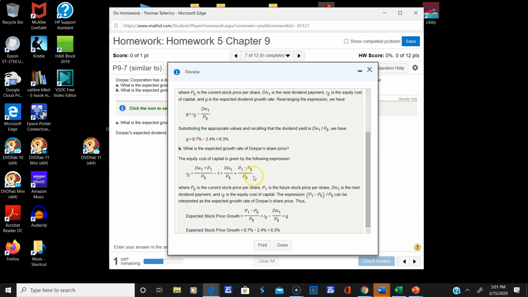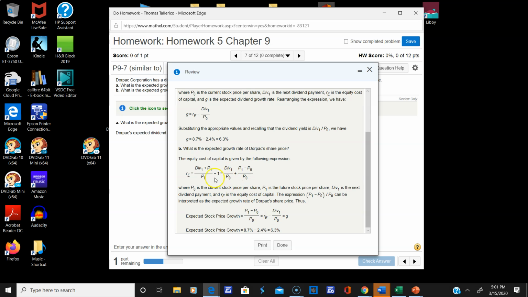Now this is the current stock price, right? P0. This is the future stock price. And you can interpret this piece here as the expected growth rate of the share price. Okay? So, the expected share price growth rate, which is what we're trying to solve for this right here, is RE minus D1 over P0.